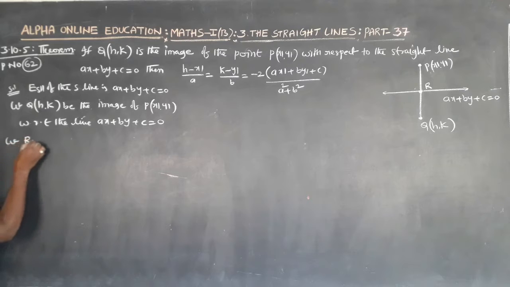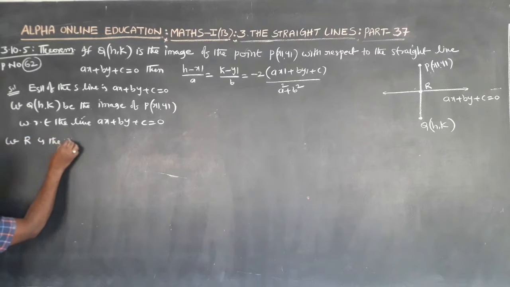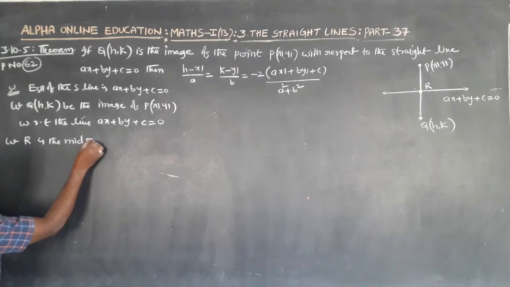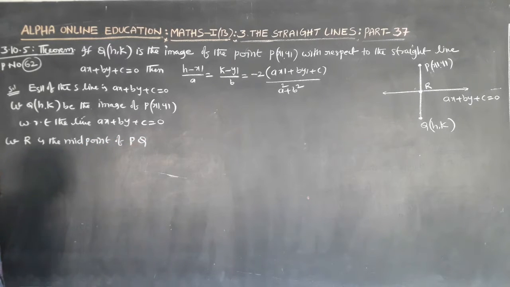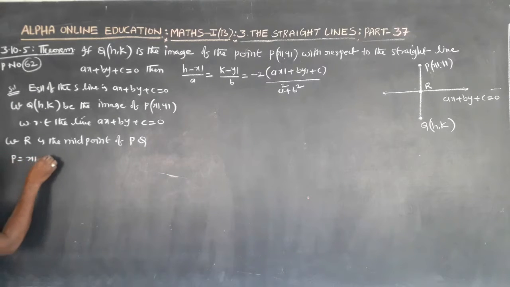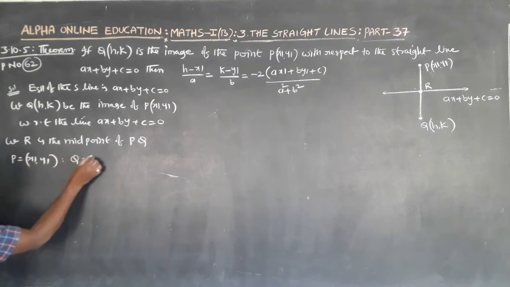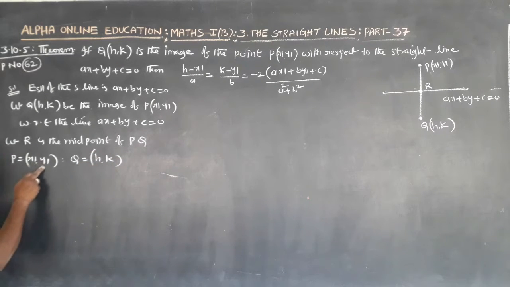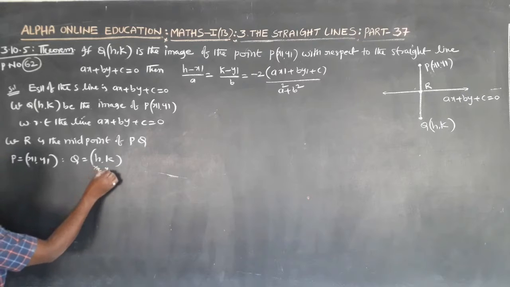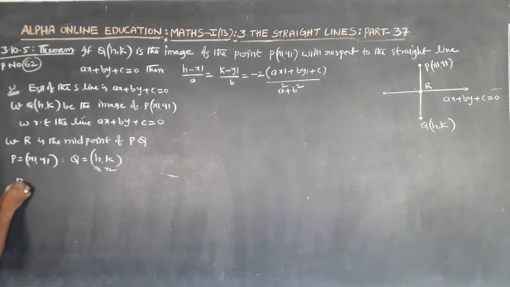Let R be the midpoint of PQ, with P(x1, y1) and Q(h, k). Let P be (x1, y1) and Q be (x2, y2).